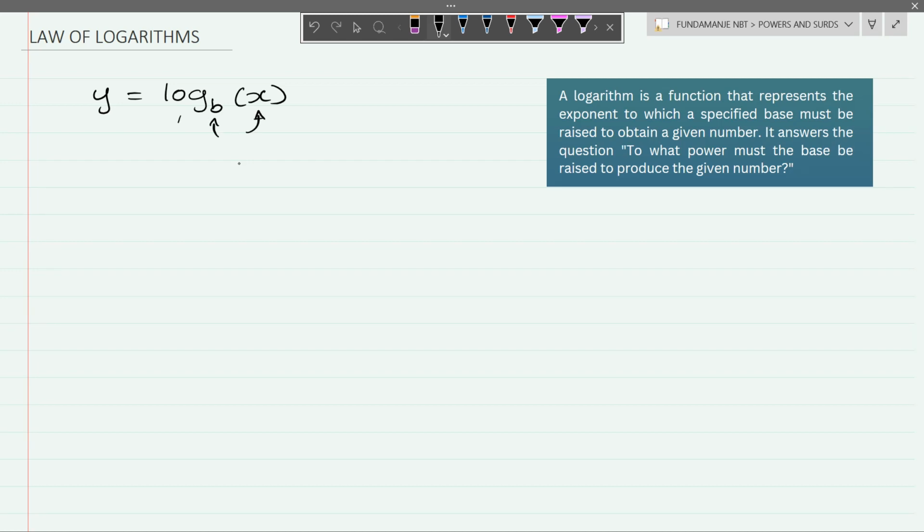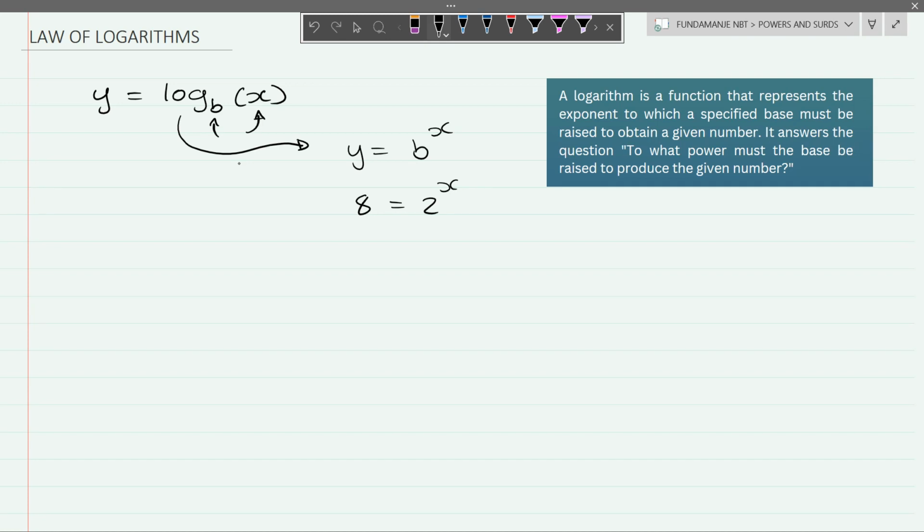And logarithms are directly linked to exponential functions, which have the form y equals b to the power of x. So whenever we don't know what x should be in order to achieve this number, such as the example 8 is equal to 2 to the power of what, we want to answer the question, what should we raise 2 to in order to achieve this number 8?